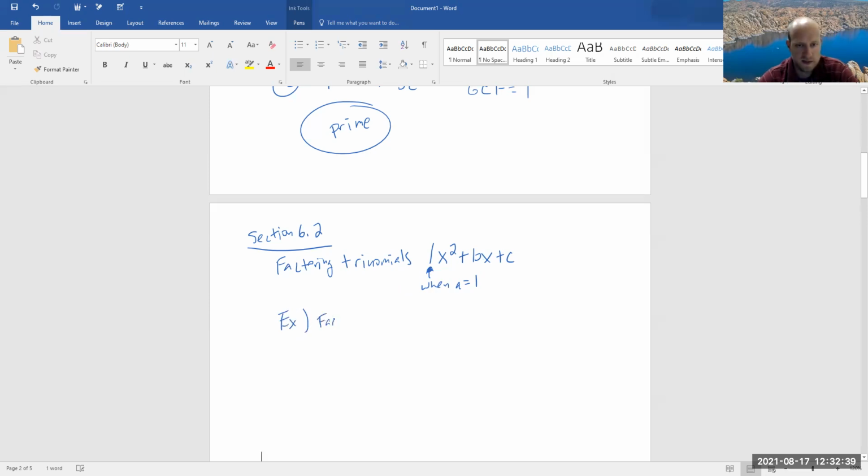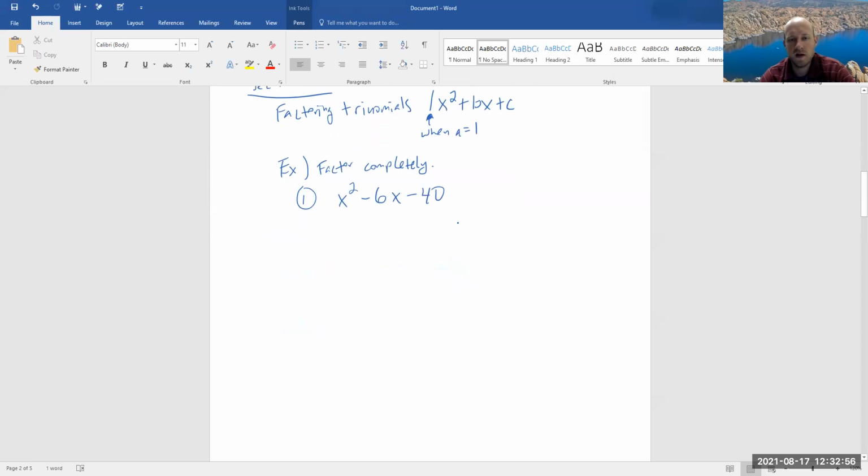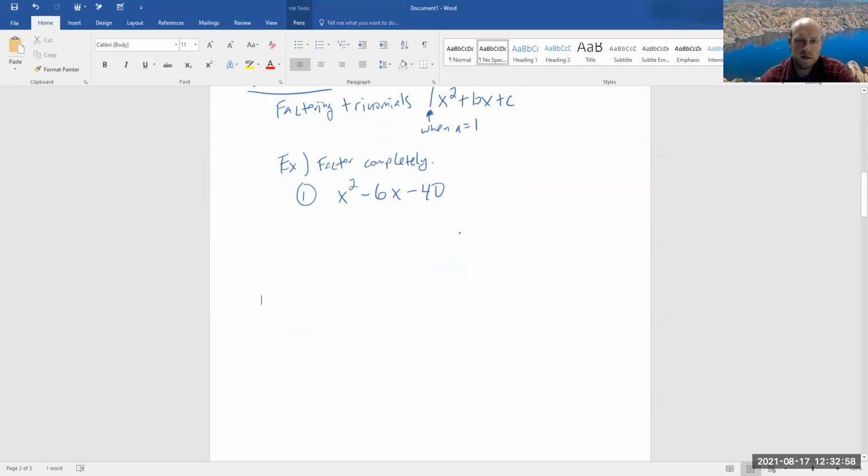So let's go ahead and do some examples. The instructions here: we're going to factor completely. So example 1. If I have x squared minus 6x minus 40, what I had taught is we are going to take the negative 40.